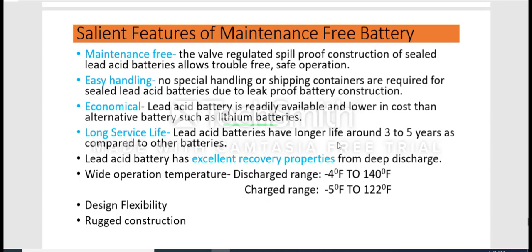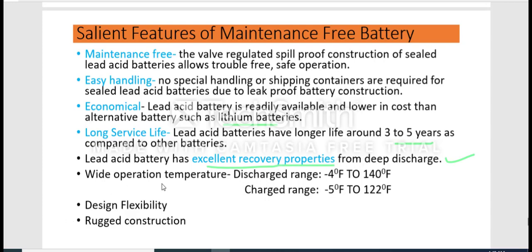Lead acid batteries have a longer life, around 3 to 5 years, as compared to other batteries. Lead acid battery has excellent recovery properties from deep discharge, meaning if a battery gets discharged, after some time we can charge it.